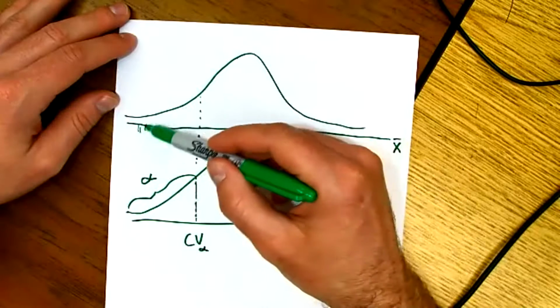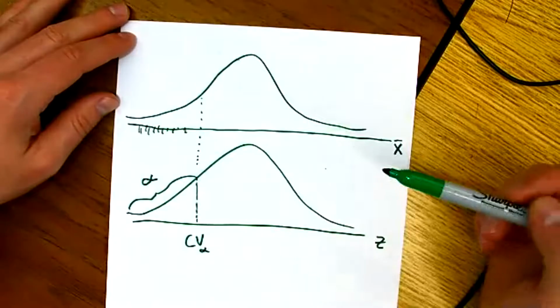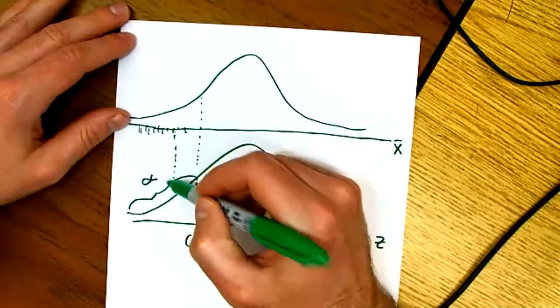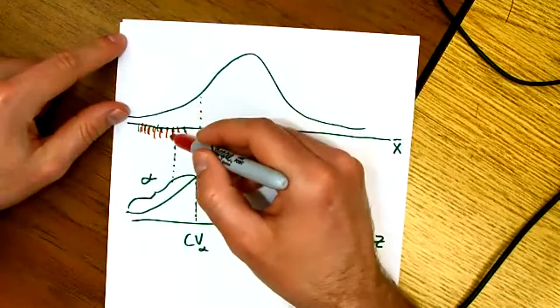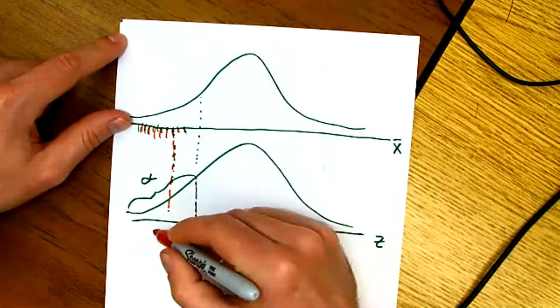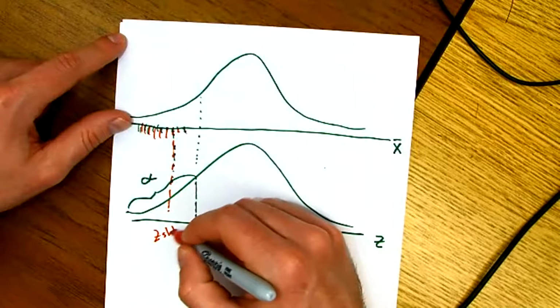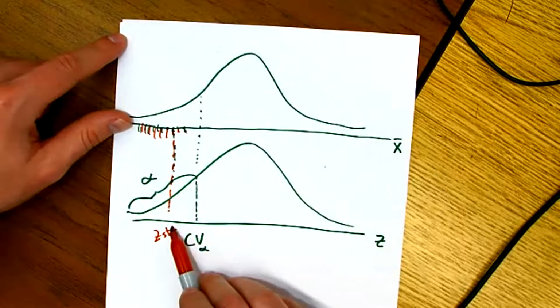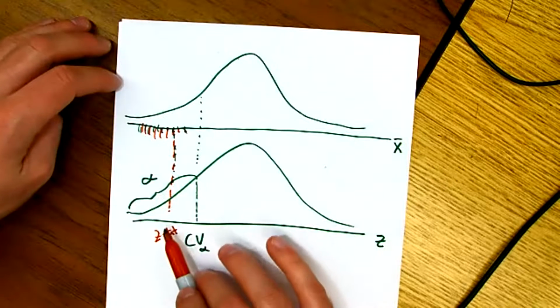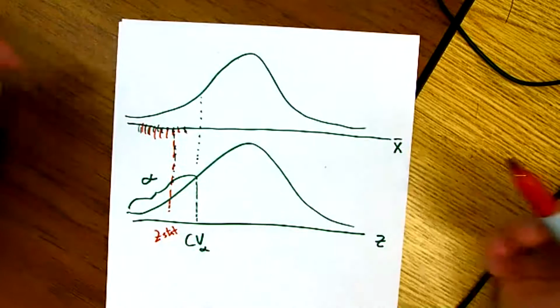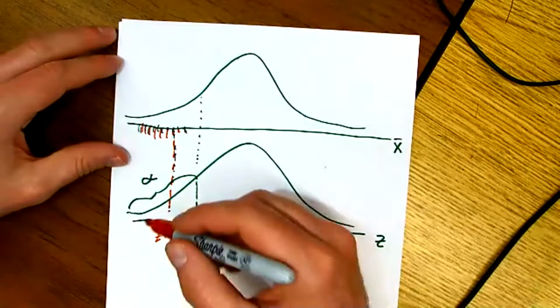So if I see a sample mean anywhere in this range, it's going to lead to, actually I can use a different color here to help. So if I see a sample mean somewhere in this range, it's going to lead to a z statistic that's less than, sorry, I shouldn't say that, but I'm on the left side. So it's larger in absolute value, right? It's a larger negative value.